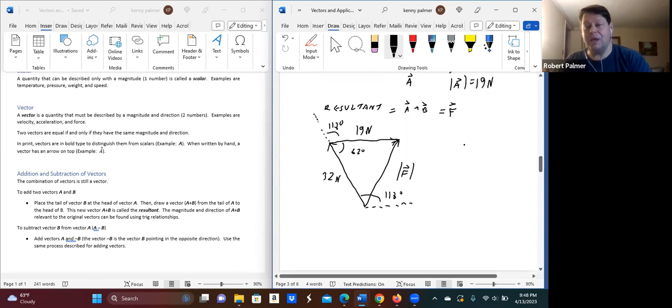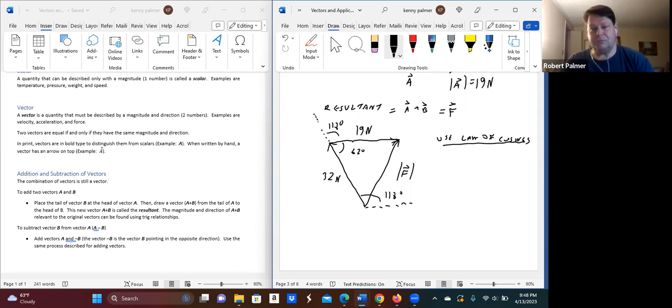Well, what I can do is use the law of cosines. If you've seen my previous video on the law of cosines, this is the side-angle-side case, with two sides and the angle in between them.